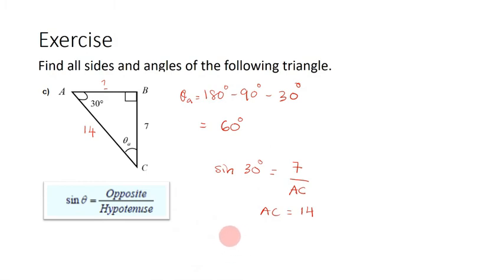We now find AB squared is equal to 14 squared, which is the hypotenuse, minus 7 squared. So we will get this equal to 147. Therefore, AB is equal to square root of 147, and we can just leave the answer like this.